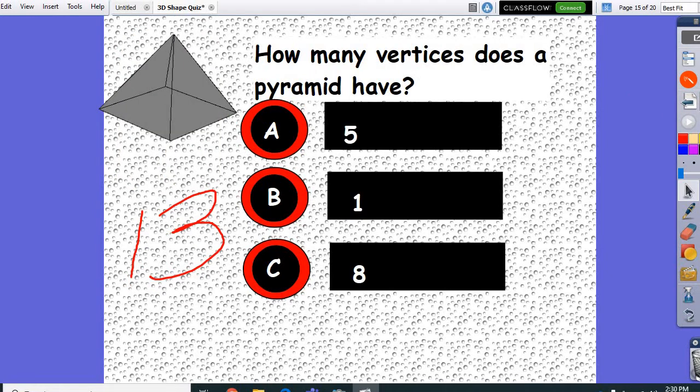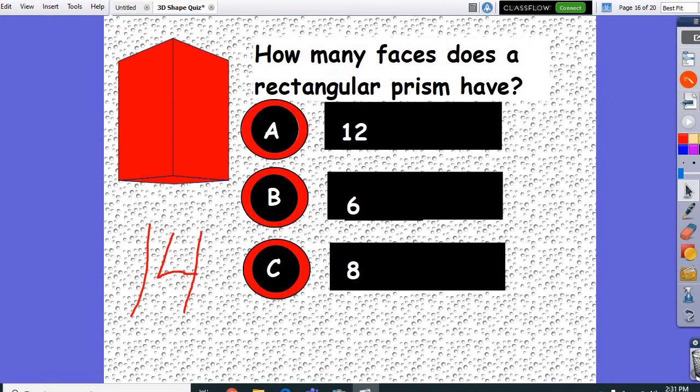How many vertices does a pyramid have? How many vertices does the pyramid have? How many faces does a rectangular prism have? How many faces?